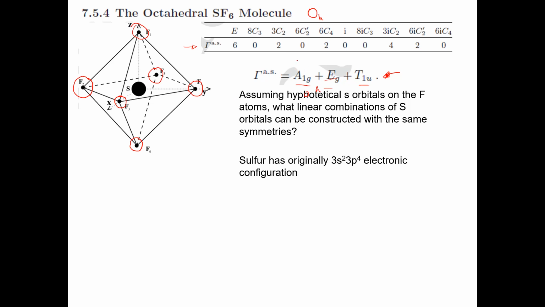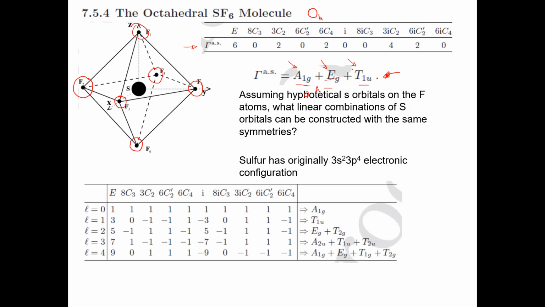I can construct a totally symmetric A1g, a doubly degenerate Eg, and a triply degenerate T1u irreducible representation.